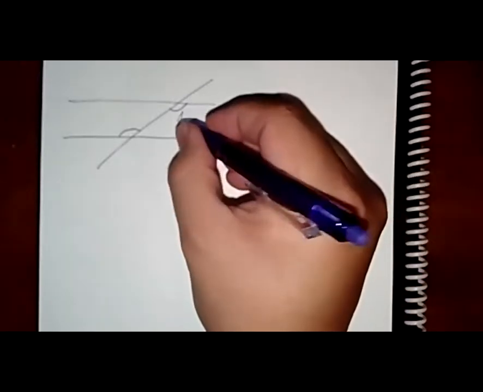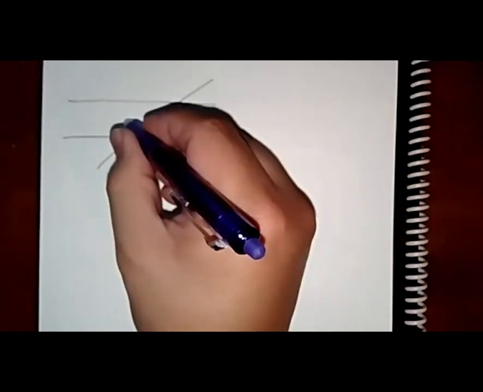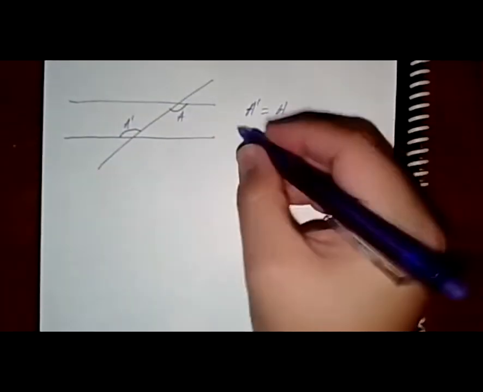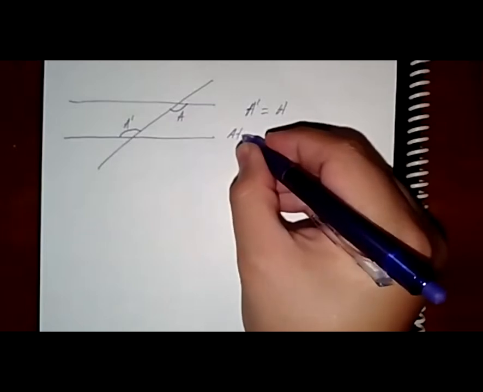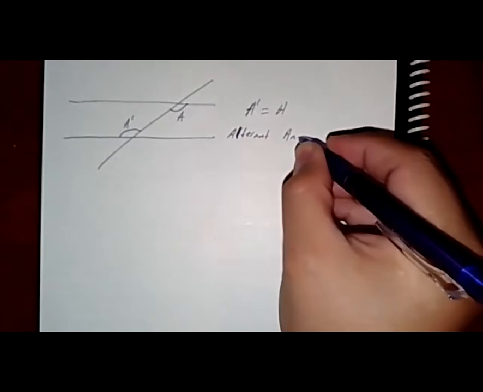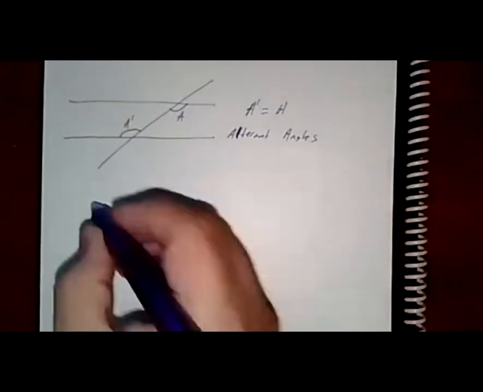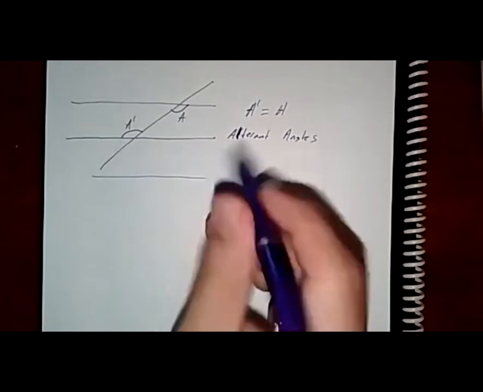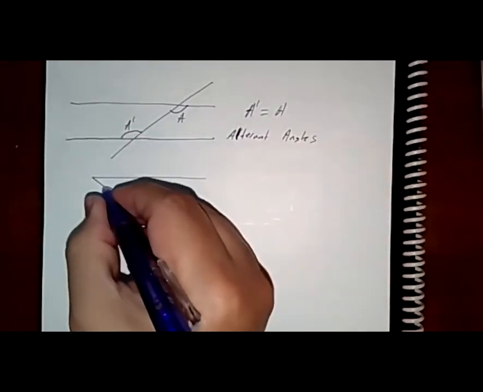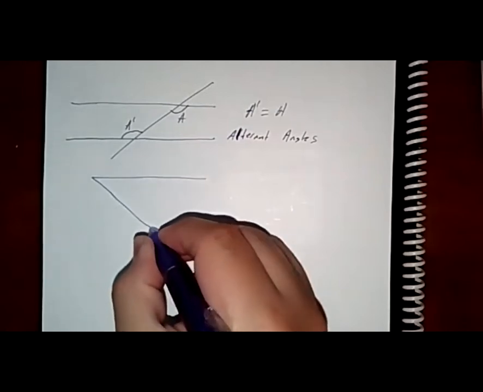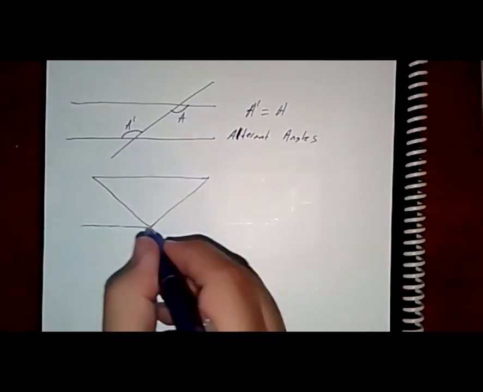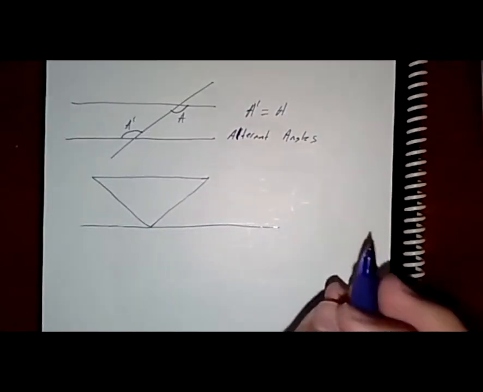Alternate angle. Let's call this angle A and A prime. So these are technically equal because they are alternate angles. So in our problem, we got this triangle here, and we got this car down here.